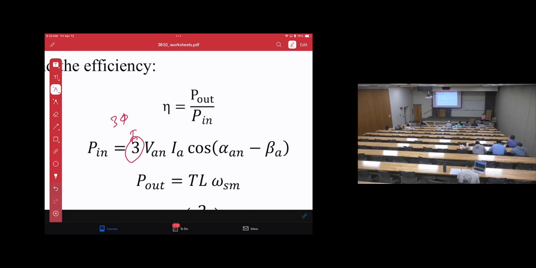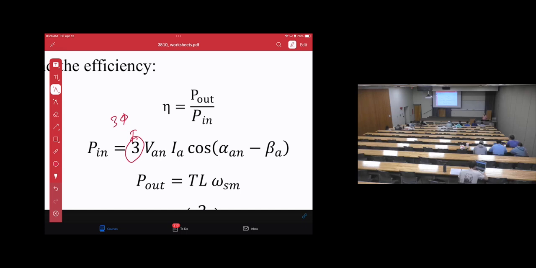The other thing, which is one of the most common mistakes, is when you calculate VA and IA, do we calculate them as a complex number or as a magnitude? What do you think? As a magnitude. Why? Is there any bar above these quantities?